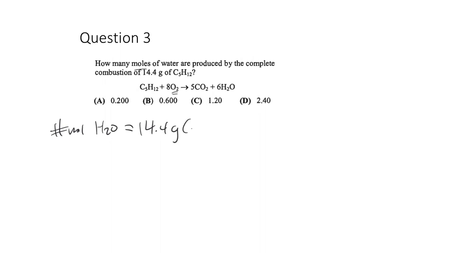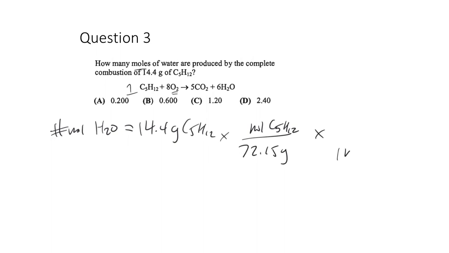14.4 grams of C5H12. I'm going to need the molar mass, so that's 12.01 times 5 plus 1.008 times 12, so that's 72.15. And then from here, we'll use our conversion factor.